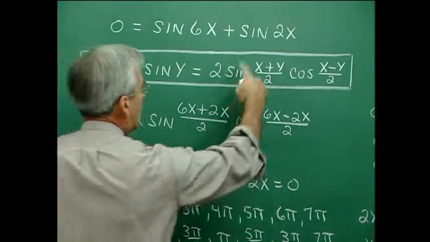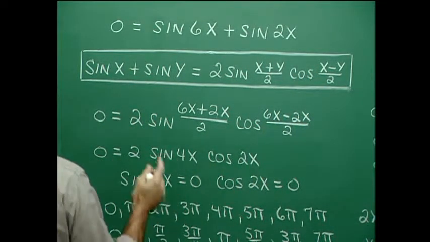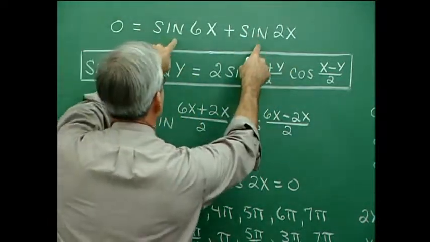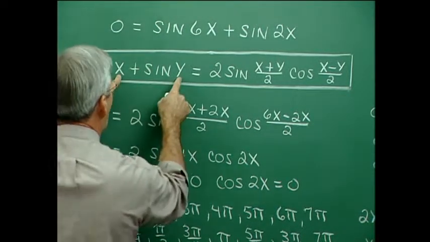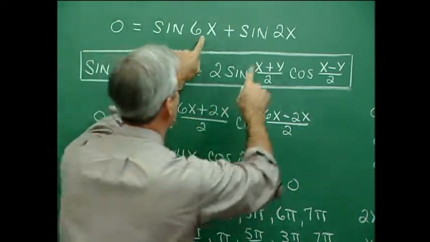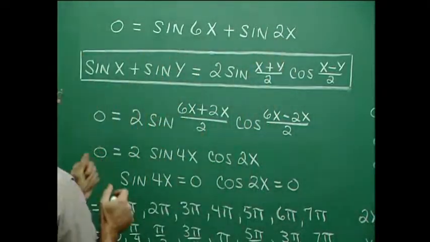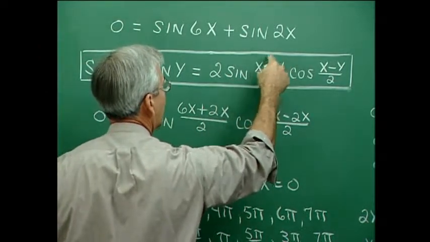We have a guideline here. It's just a formula, so we're going to fill in. We're just applying this formula to this expression. Notice, the x and y are the 6x and 2x involved up here. So we just fill in for those. So it's 2 times sine of the sum of the two angles in the numerator.